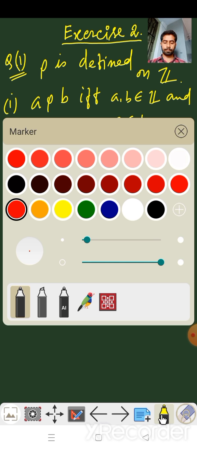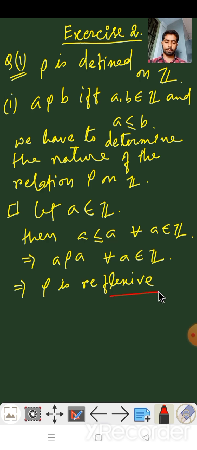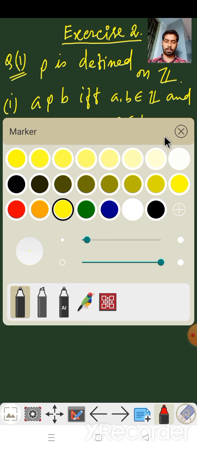So rho is reflexive here. This is our first observation. Now I will check whether rho is symmetric or transitive.